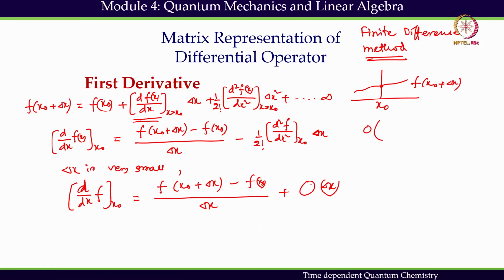So, this is represented by O of delta x, called truncation error, and as long as delta x is small, this error would also be small.